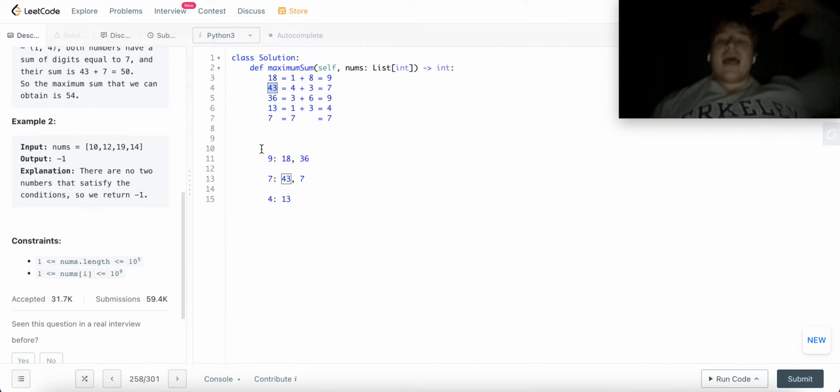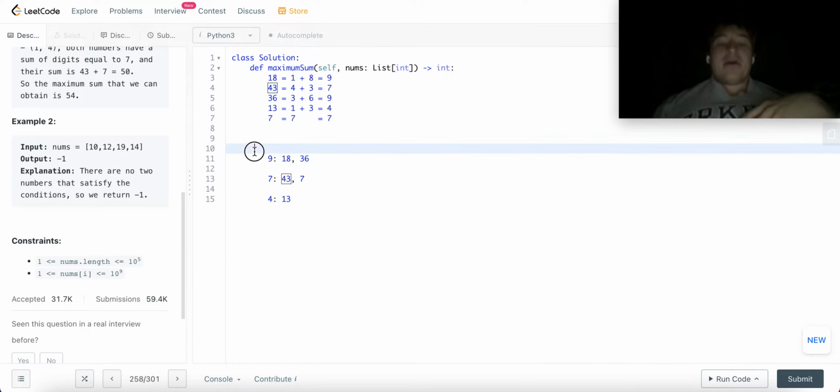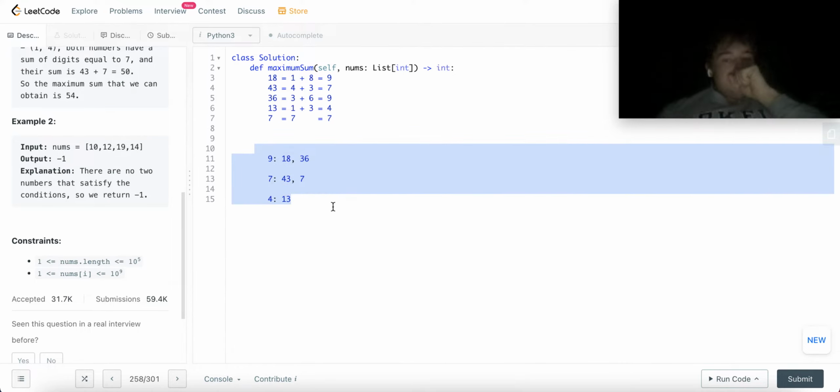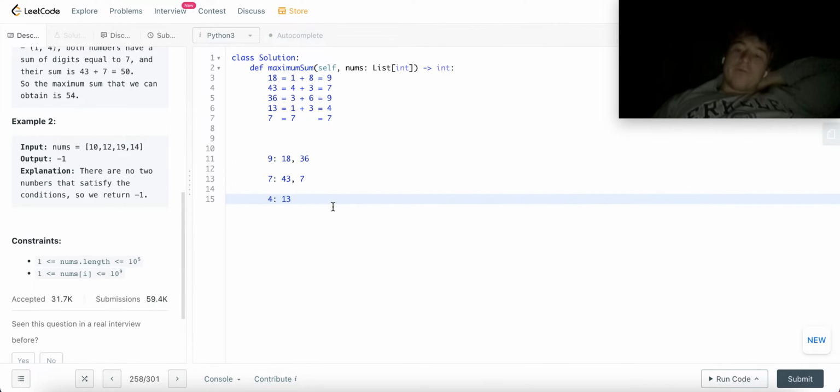So this is a way to, in n time, find the pairs that work. And then the next thing we need to do is, well, the next thing we can do is what?